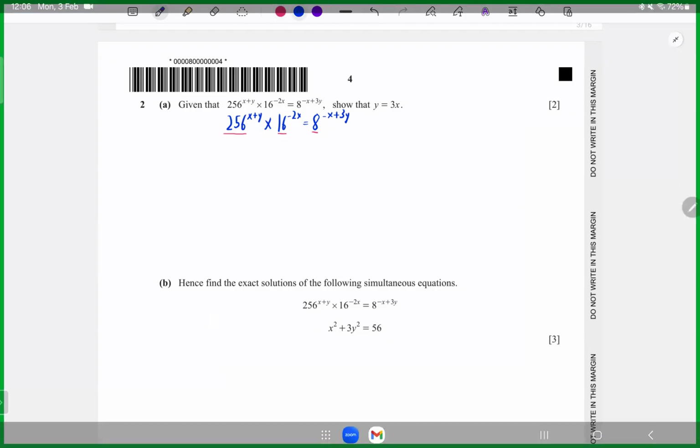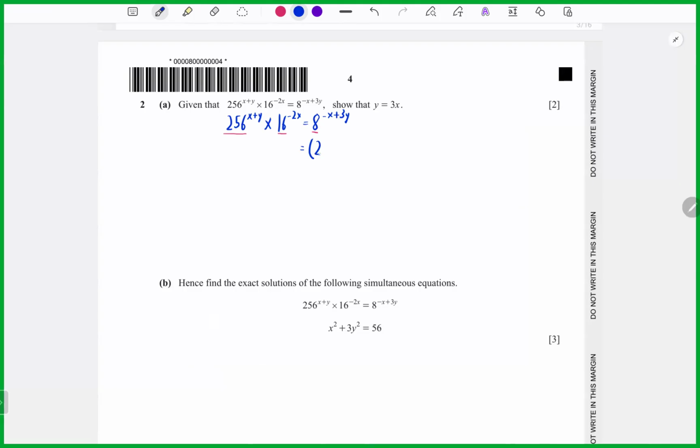So you can write this way: 2 power 3 negative x plus 3y, multiply bracket 2 power 4 negative 2x. This part you can change to 2 power 8 x plus 1.